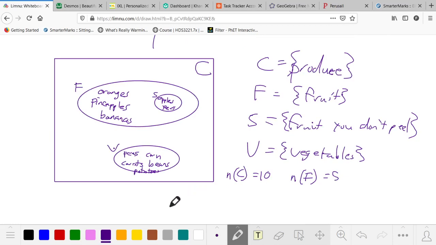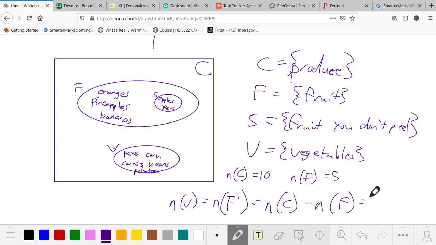We can do that because we're looking for the number of elements in the complement of F, which is the number of elements in the universal set minus the number of elements in F, and 10 minus 5 is 5. So that's how to find V using F and C. Obviously, it's easier to just count, but we're told we have to use these two numbers.